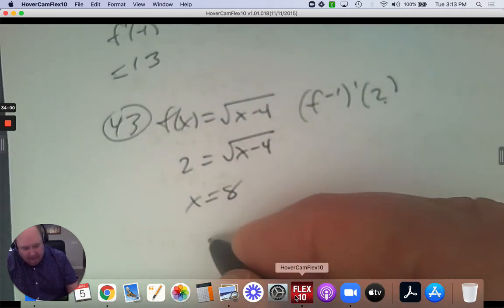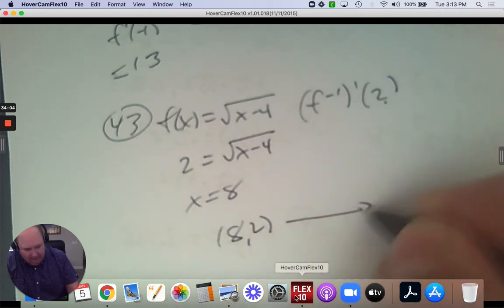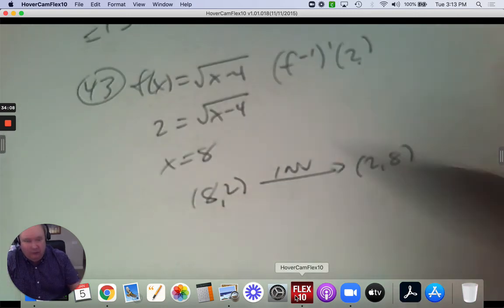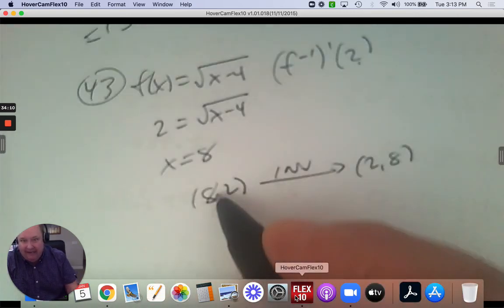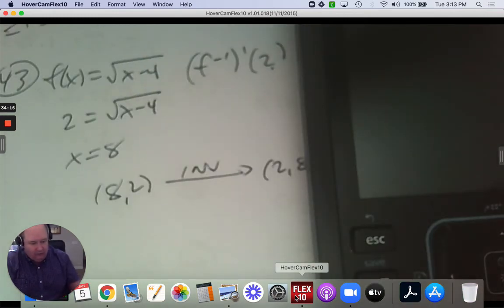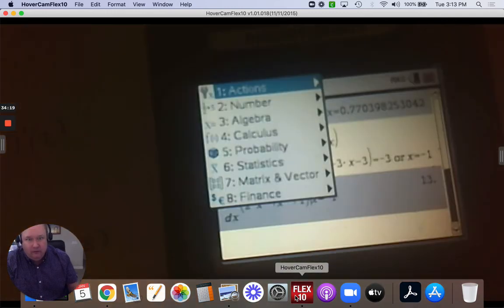So that means that we have a point 8 and 2, or the inverse of that, which is 2 and 8. So what I need to do is find the derivative at 8 and then inverse it, or do the reciprocal. So I'll let the calculator do the good work. It's good practice too, using your calculator.